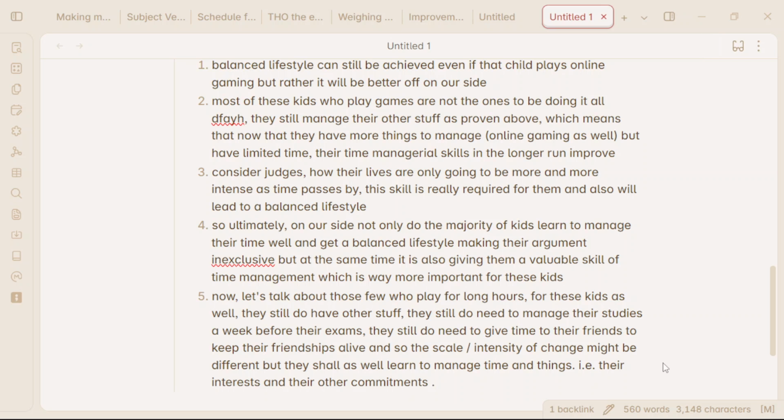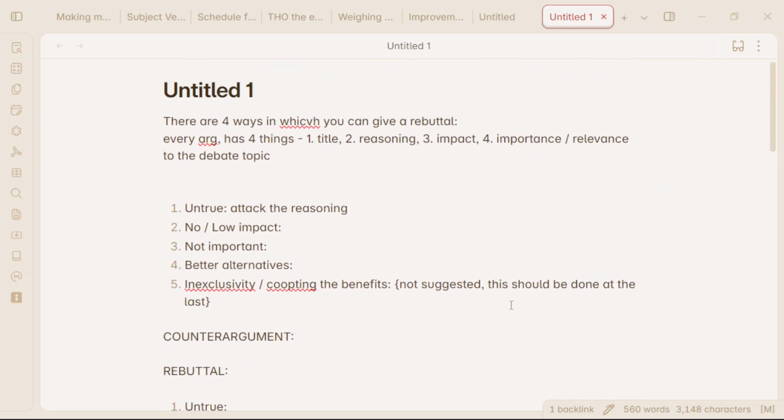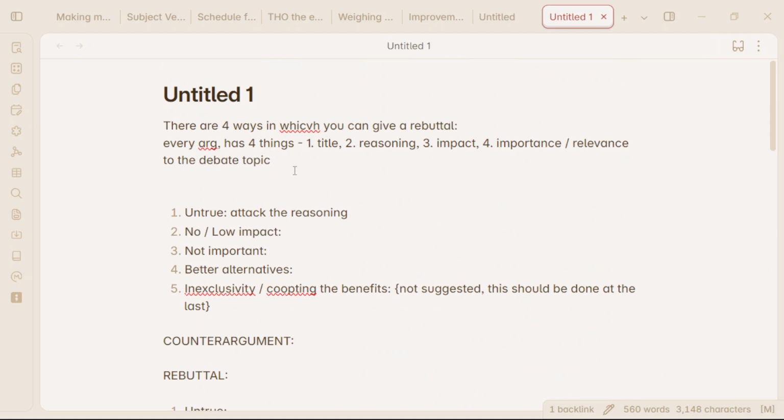Yes. Okay. So that was primarily everything in today's class, which was the 5 major ways of doing a rebuttal. This list is not exhaustive, but generally these are the ways to do it. You attack your opponent's reasoning and say that their argument is untrue.